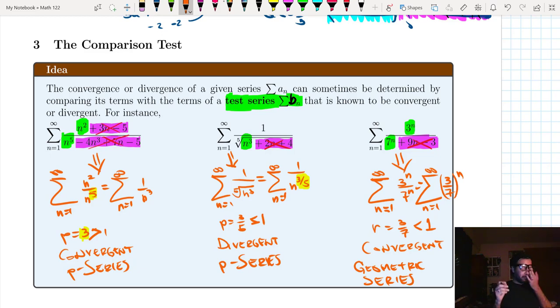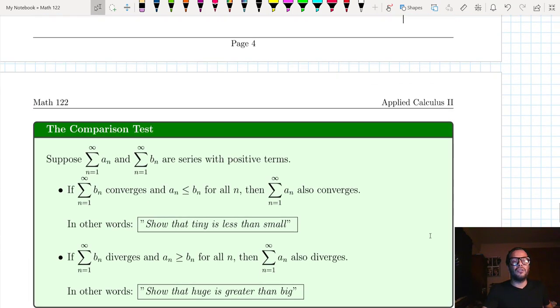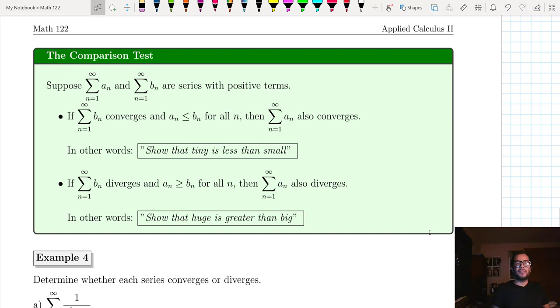Okay, so let's look at the examples on how to use the comparison test, but first let's go over the test. So we are going to be given a series to test, a sigma a sub n. Our job is to come up with a test series like the ones that we did earlier in the overview.